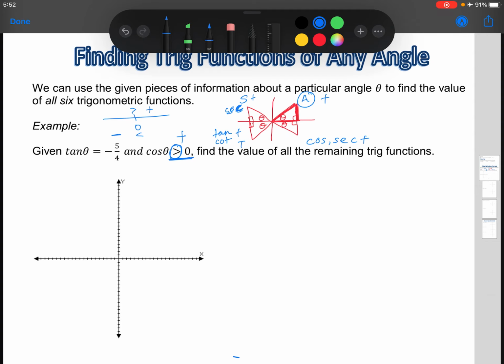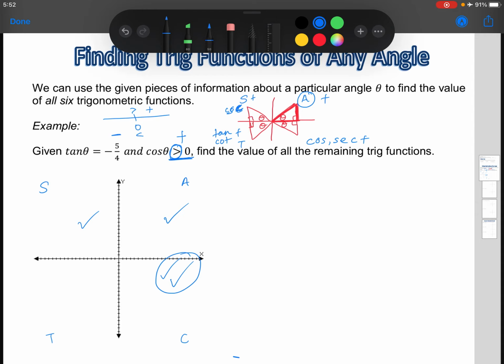So now I'm going to write my ASTC. Where is cosine positive? Cosine is positive in the first and the fourth quadrant. But where is tangent negative? Tangent is negative in the second and fourth quadrant. So basically I got 2 checks in the fourth quadrant, so my triangle is going to be in the fourth quadrant, right?